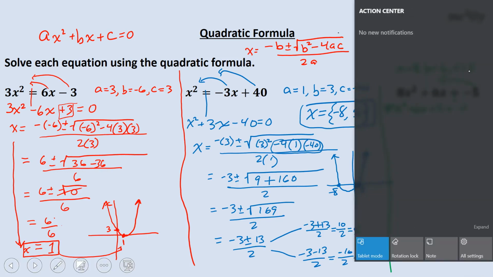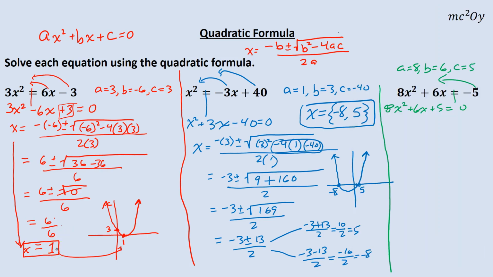All right, so we will have the opposite of B, so -6 plus or minus the square root of B squared, so 6 squared is 36, minus 4 times A times C. Okay, so I condensed a few steps there, all over 2A.